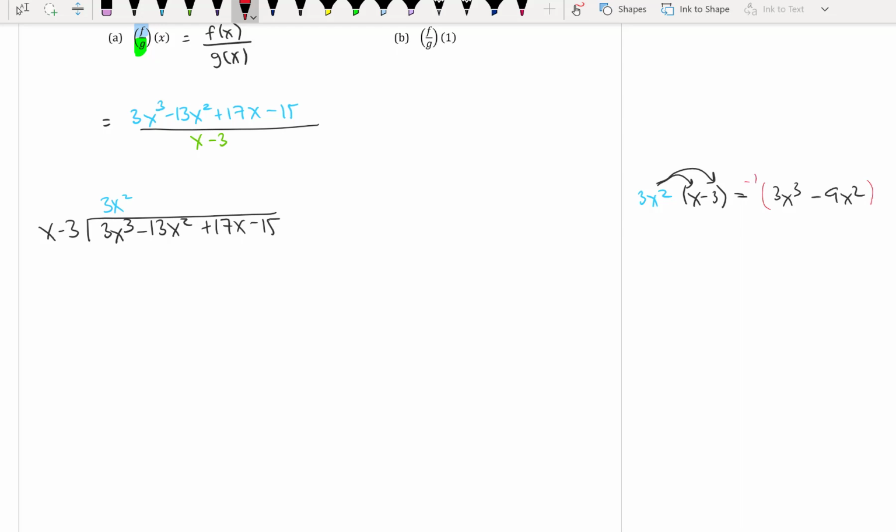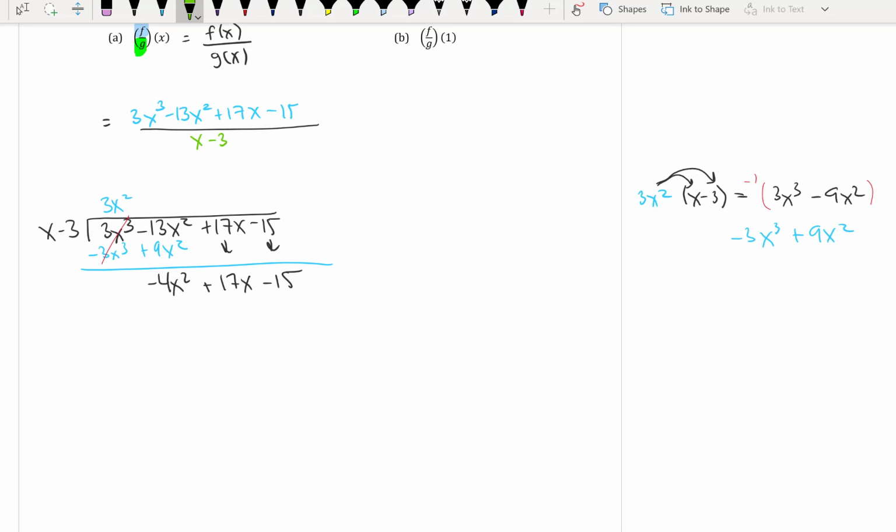If I multiply that by a negative 1, it gives me negative 3x cubed plus 9x squared. So perfect, our first term cancels. So I have a negative 13 plus 9, which is a negative 4x squared. And I bring the rest down, so plus 17x minus 15.